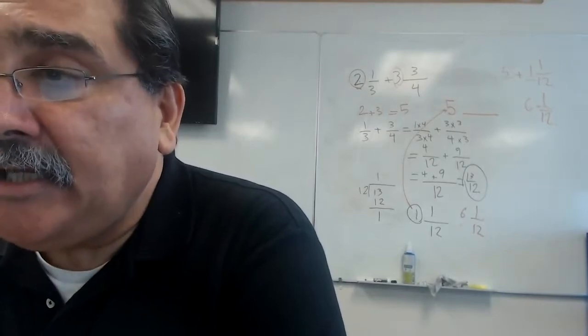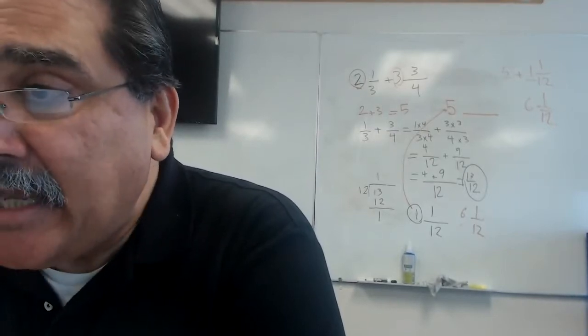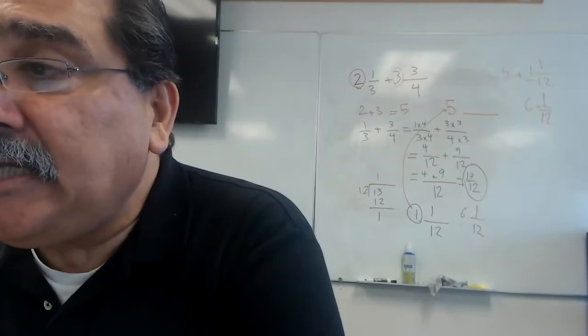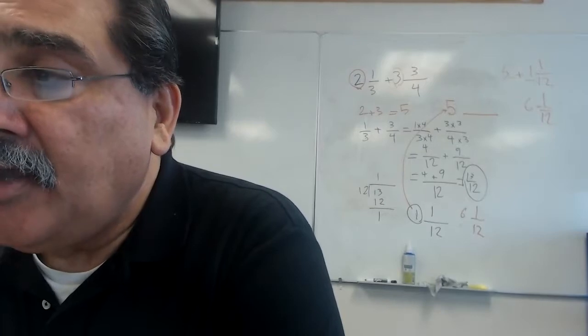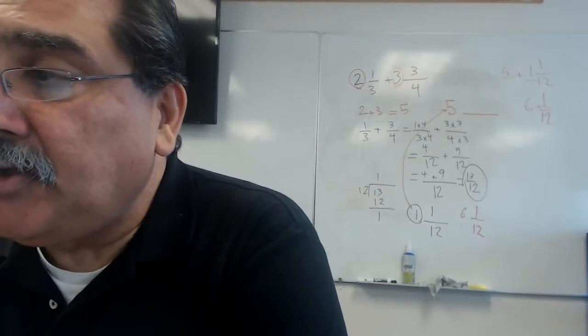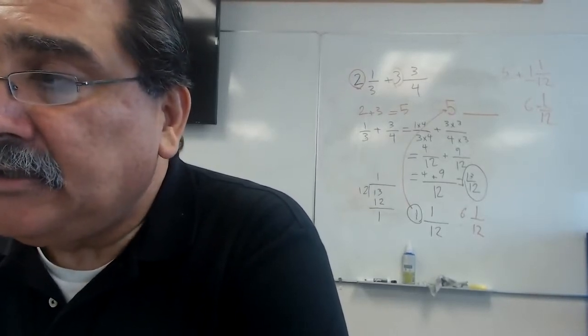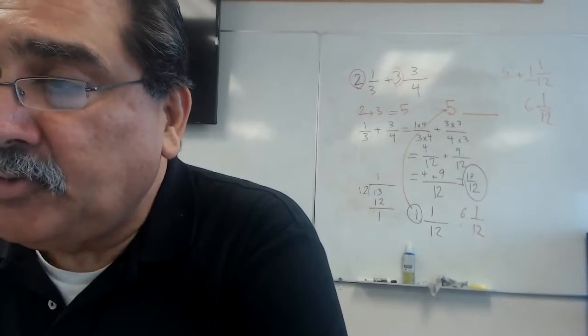Every non-negative real number A has a unique non-negative square root, called the principal square root, denoted by the radical sign, or the square root sign.